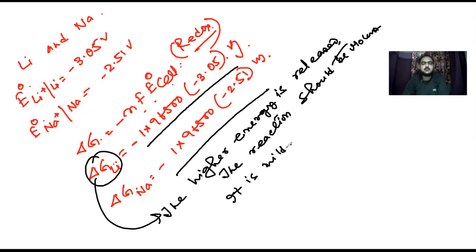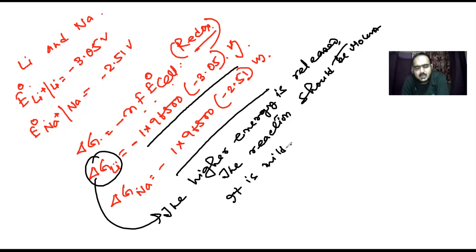This is because, you should write down this point, lithium is the hardest among all of them, and the amount of energy released is higher. There is no doubt of it, because according to thermodynamics, delta G is equal to minus n F E0 cell, so a high amount of energy will be released.